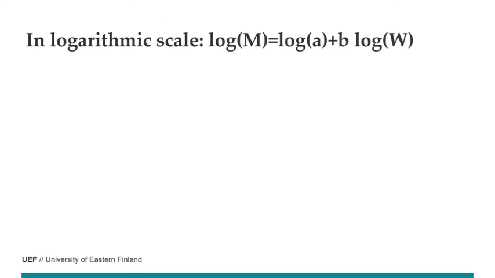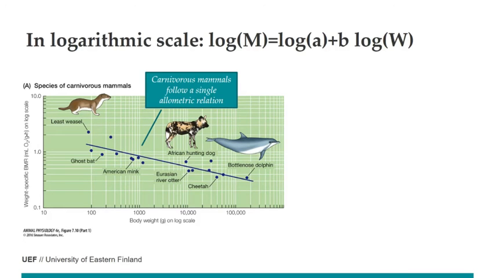Okay, the logarithmic scale can be used to evaluate when the weight differences are enormous, like the bottlenose dolphin versus some ghost bats. Their weights are on completely different scales, but they are all carnivore mammals, so they follow quite nicely a single allometric relation.